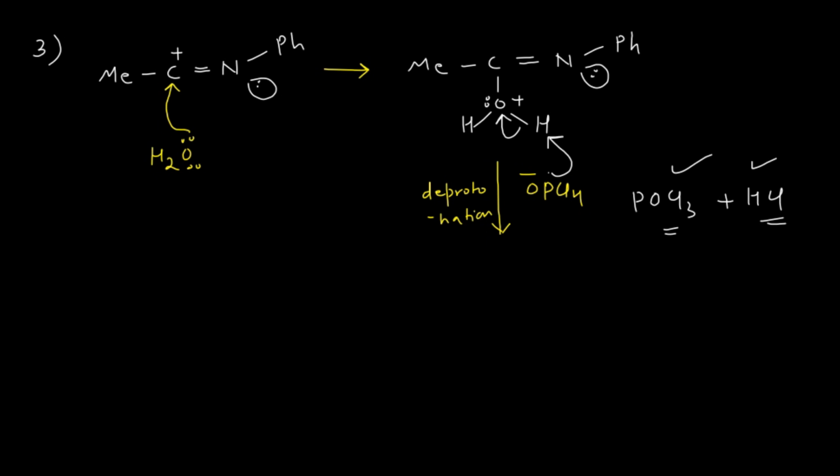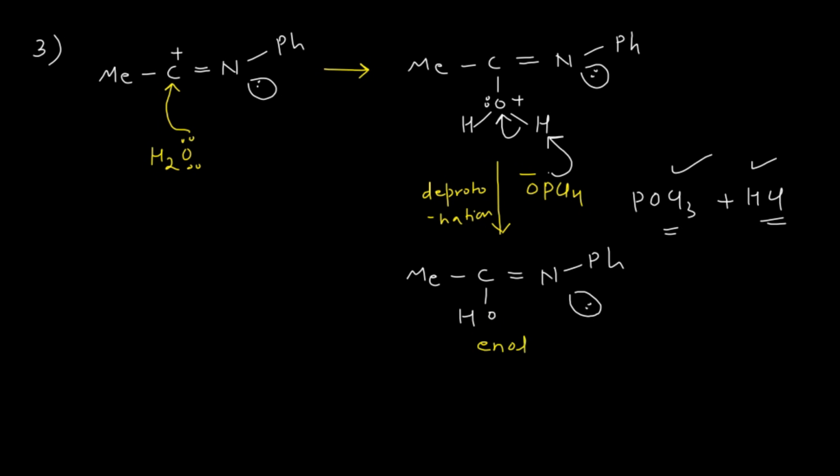So now you will have what? Methyl carbon double bond nitrogen, Ph is here, and then the lone pair is here, and this is your OH group. Now basically it is the enol form. This is alkene, that means the ene part, and this is the ol part. In tautomerism you must have learnt about keto-enol isomerism.